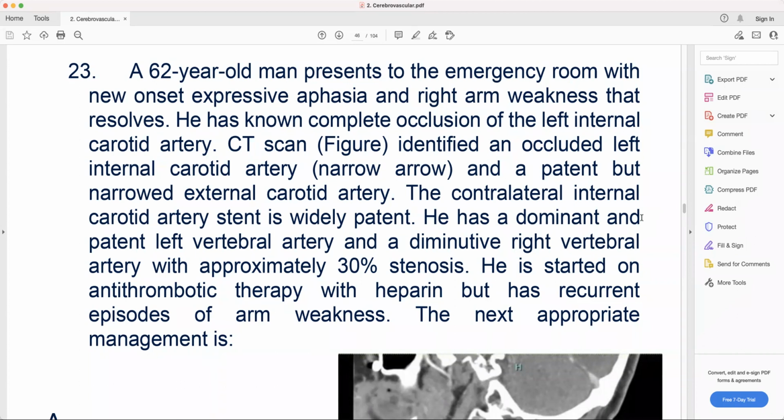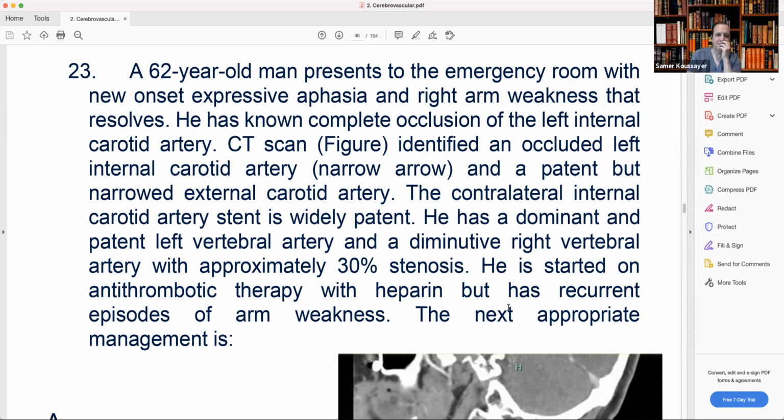The contralateral internal carotid artery stent is widely patent. He has a dominant and patent left vertebral artery and a diminutive right vertebral artery with approximately 30% stenosis. He is started on antithrombotic therapy with heparin, but has a recurrent episode of arm weakness. The next appropriate management is?